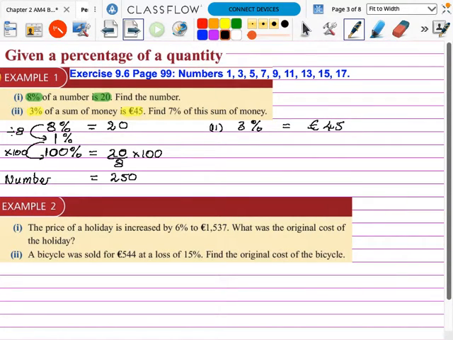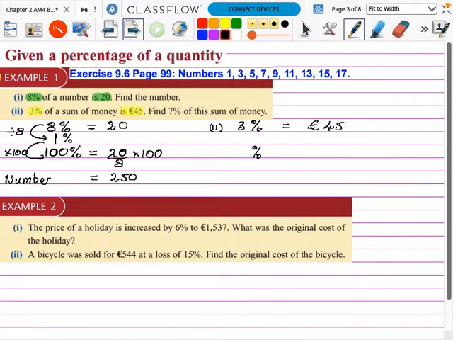And now you need to read the question. Don't go into autopilot mode, because you need to tell me what the second number we're going to write down is. Is it 100? Is it something else? It's very important you read the question.